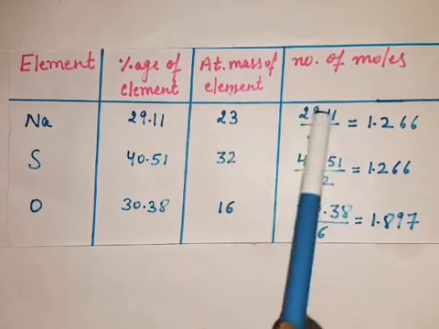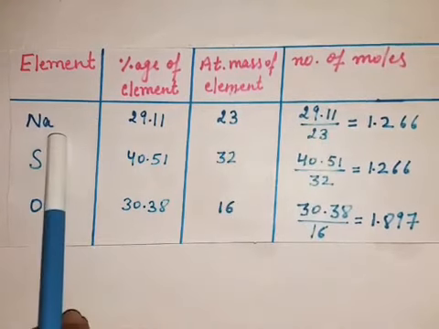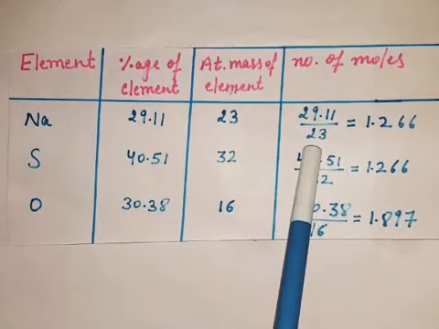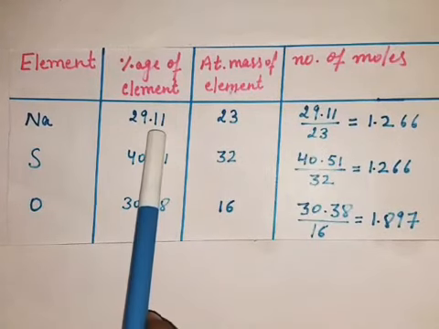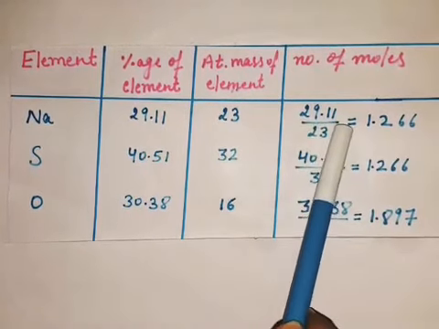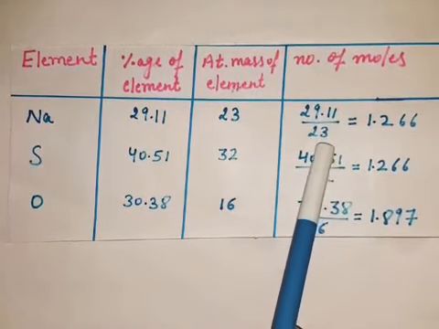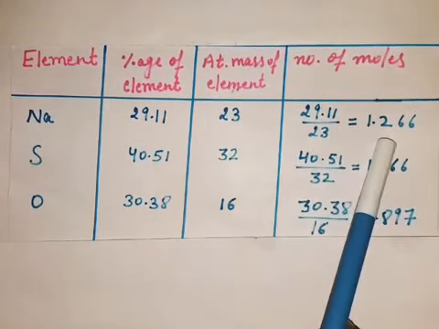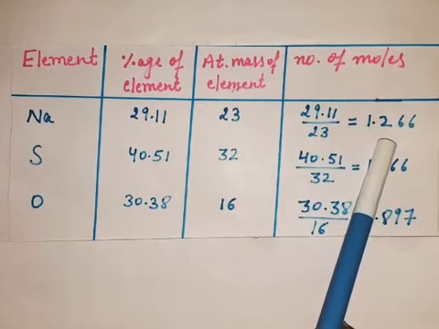Now we will calculate number of moles of sodium. Here the formula is given mass divided by atomic mass. Here percentage of element is given, so that means 29.11 gram of sodium is present. Given mass divided by atomic mass is equal to 1.266. That is the number of moles of sodium.